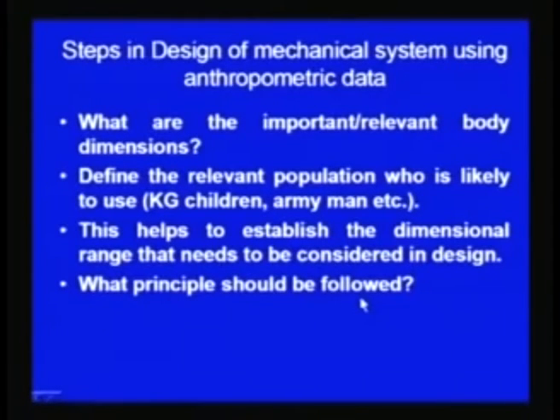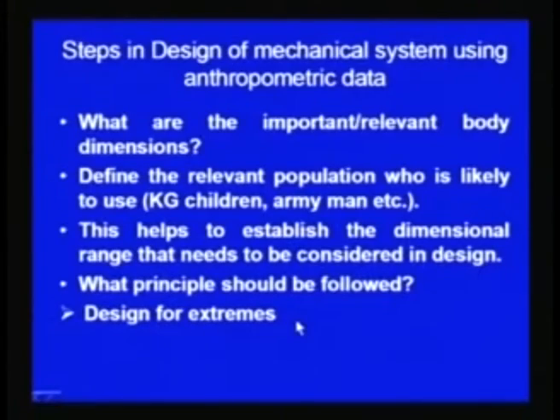What principles should be followed in designing a given engineering system? This is largely based on the engineering system which is to be designed and the targeted population. These principles are based on the design for the extremes, where the design will be targeted for the people of the highest dimensions or the minimum dimensions.